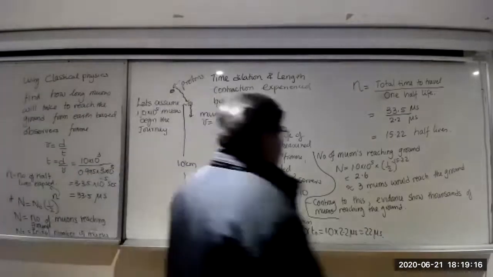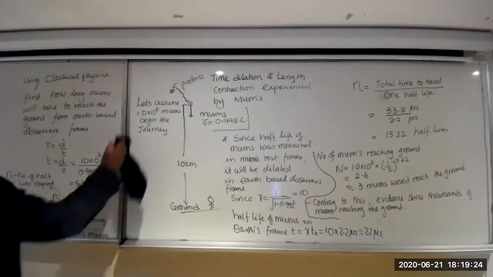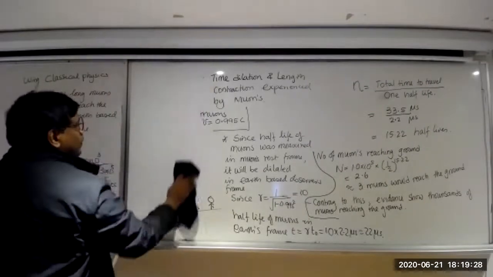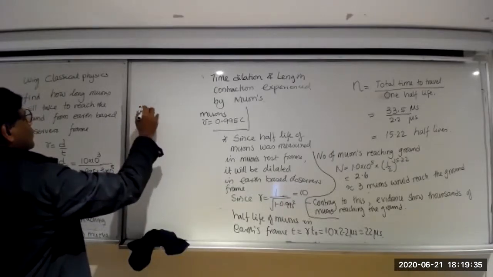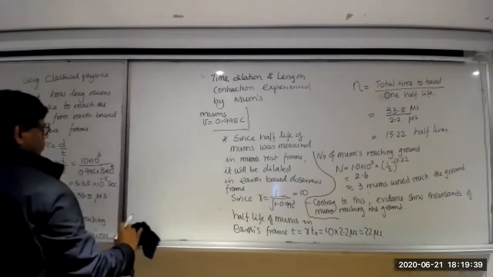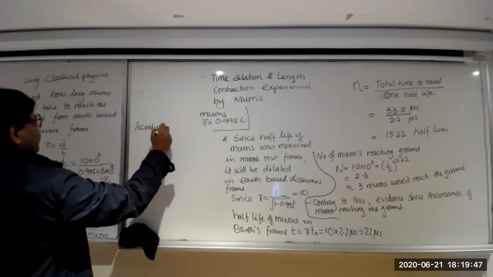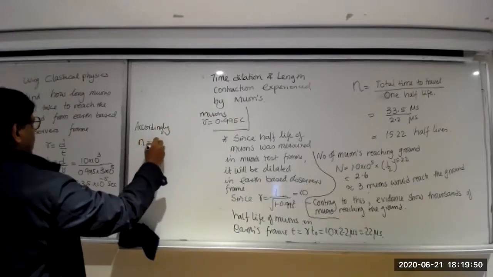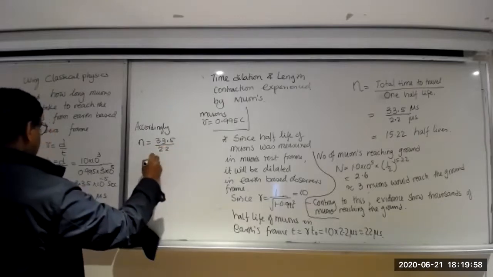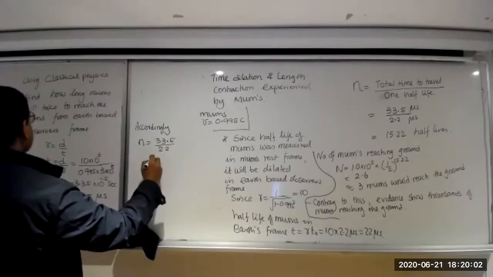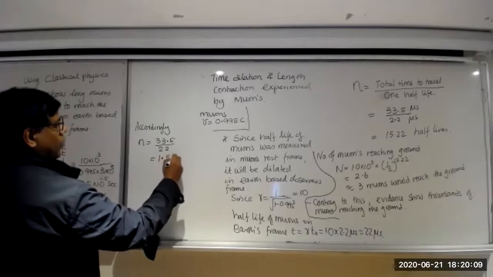The number of half-lives, therefore the n value, will be different. What's the n value we said? 1.5, 2 half-lives.